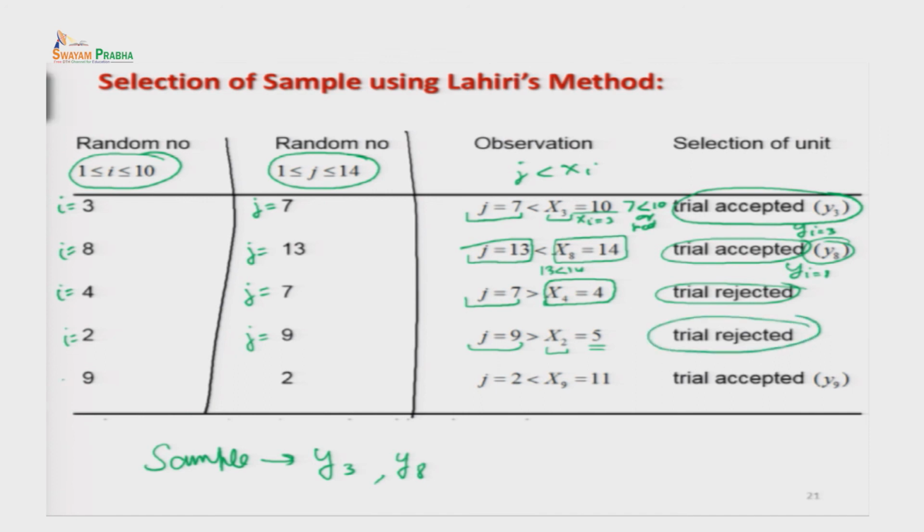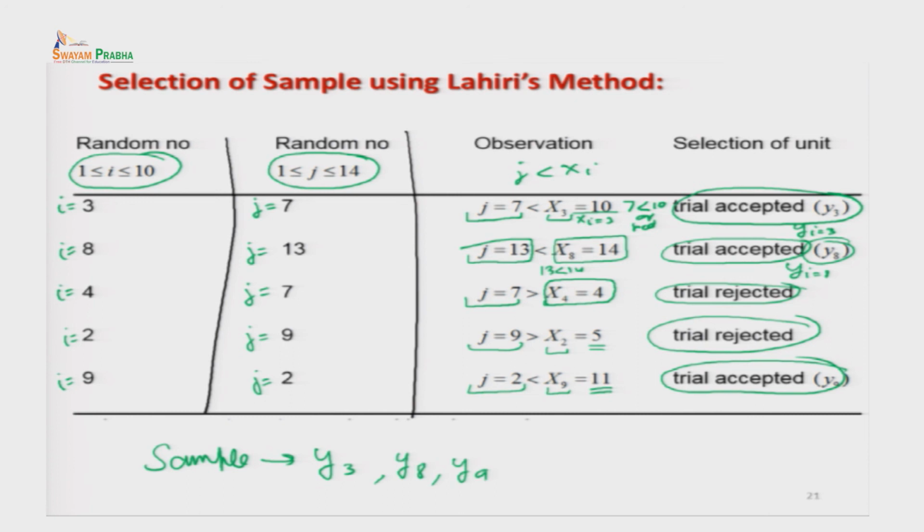Then finally I try one more observation, i equal to 9 and j equal to 2. You can see that j equal to 2 is less than or equal to x9, whose value is 11, and this is correct. So this trial is accepted. So now I will say y9 is accepted.